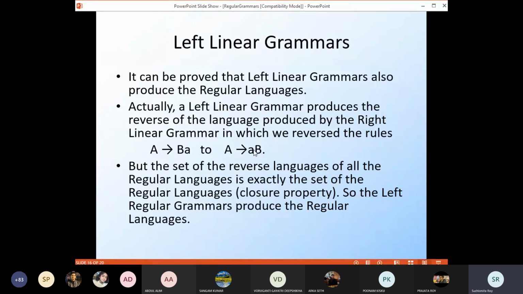Right linear grammar you can convert to finite automata. Then you can reverse the finite automata. And from the reversed finite automata, you can produce a grammar again, the right linear grammar for the original language. So if you do reversals twice, once with the grammar and once with the automata, then you're producing the original language. It is like applying negation twice.